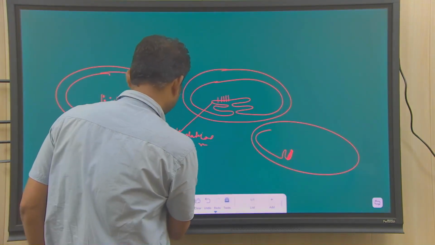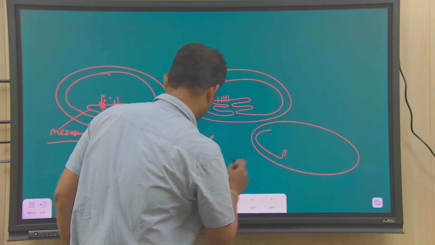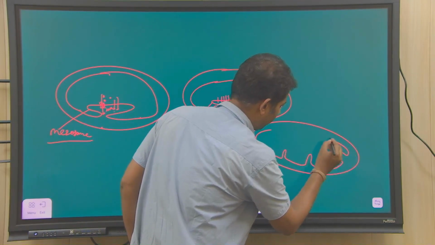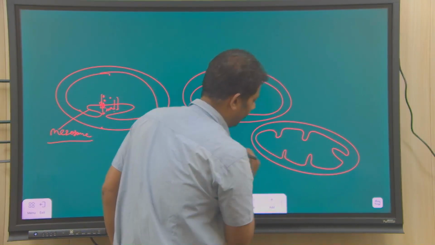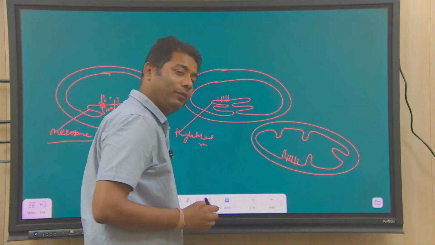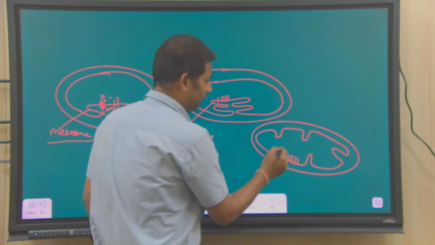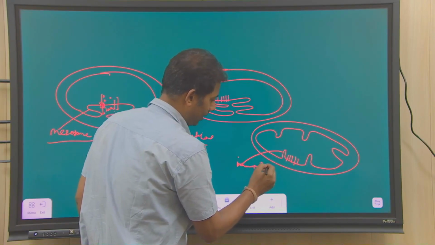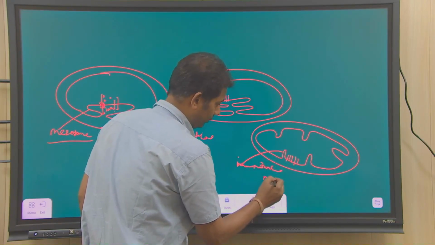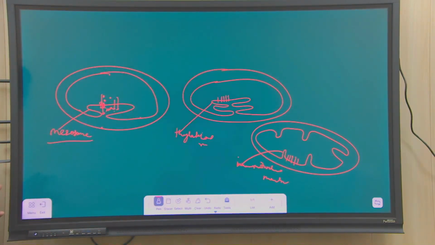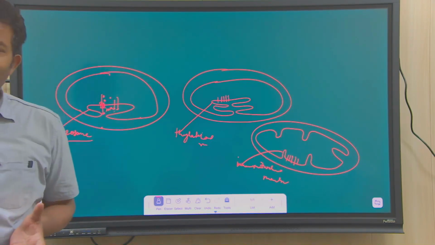Energy is created, the gradient is created across this membrane and ATP is generated. That is the inner mitochondrial membrane. So it is a similar mechanism in all three types of cell organelles and the bacterial cell. We observe the gradient is created across the membrane and ATP molecule is generated.